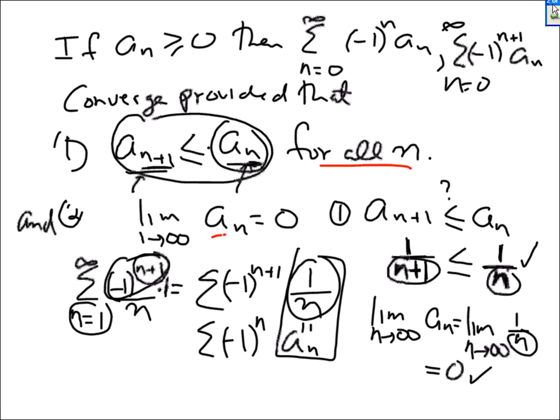So condition 2 has been met. Therefore, this given series converges. The alternating harmonic series converges, because it met both of its conditions. The terms were getting smaller, and they were even approaching 0.